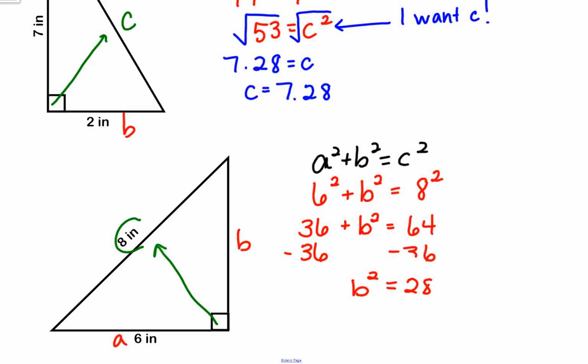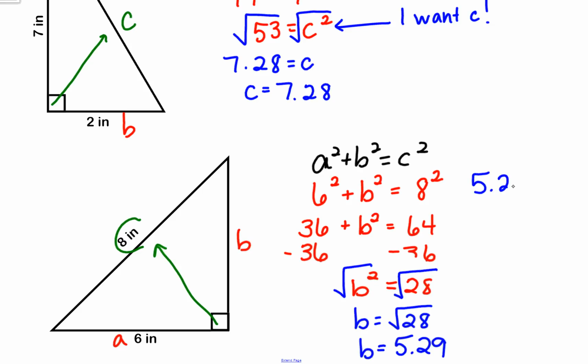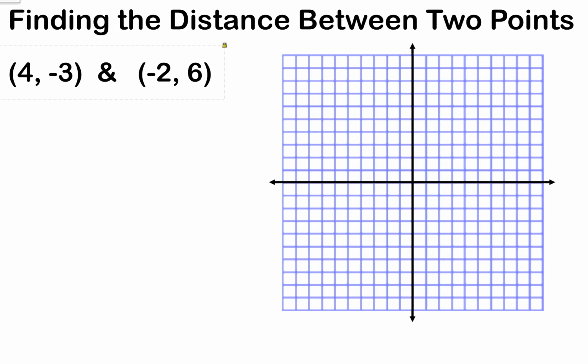And then I'll take the square root of each side. b is equal to the square root of 28, which is 5.29. So b is equal to 5.29. And again, I don't want to lose the unit, so I'll put 5.29 inches, and that's the answer to that problem.